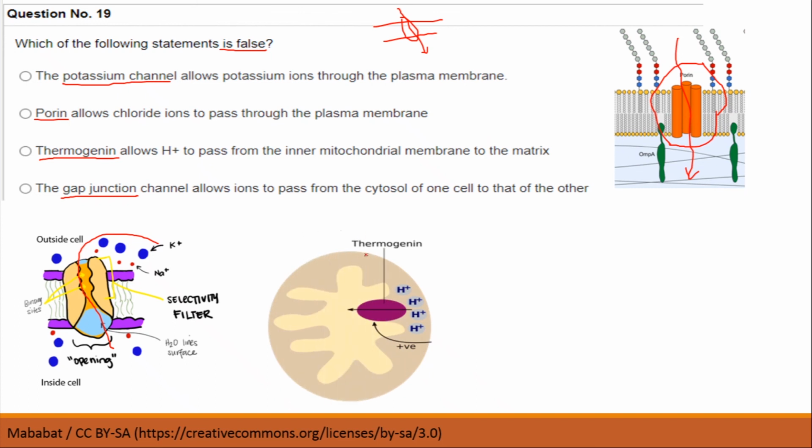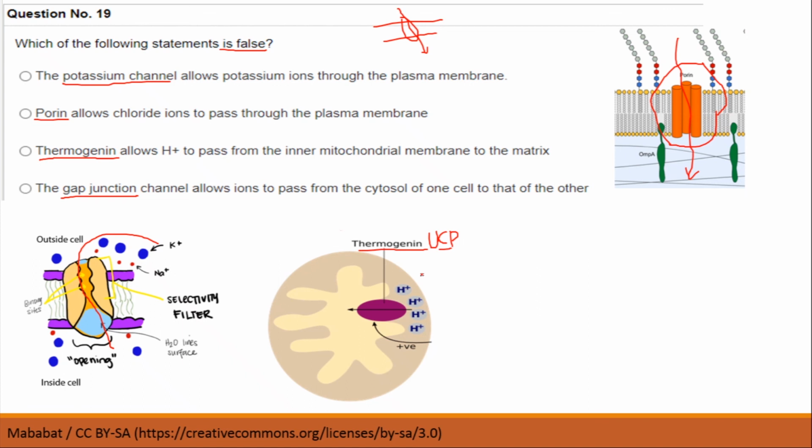Third one is your thermogenin. Now thermogenin is also called your uncoupling protein, which is found in the mitochondria of your brown adipose tissue. Now these are transmembrane proteins which are used to decrease your proton gradient, which is generated in the oxidative phosphorylation.